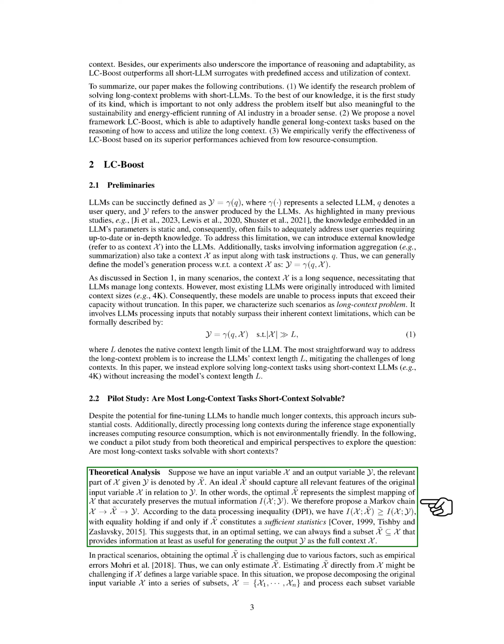In our theoretical analysis, we aim to find a subset X̃, subset of X, that captures relevant features of the input variable X. Concerning the output, Y, we propose a Markov chain X → X̃ → Y, where X̃ serves as a simplified representation of X, preserving the mutual information I(X̃; Y).